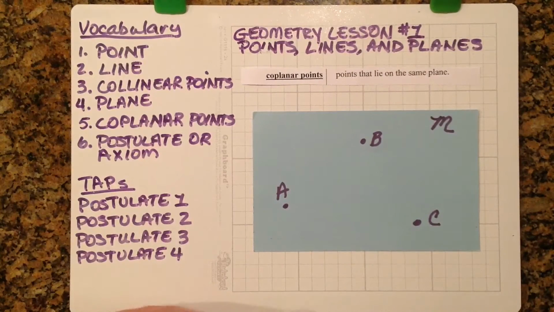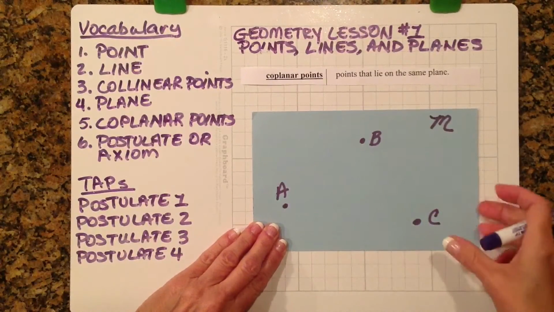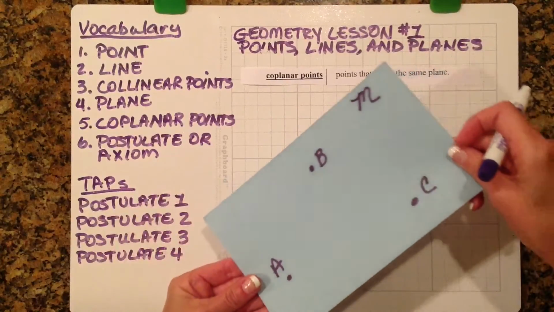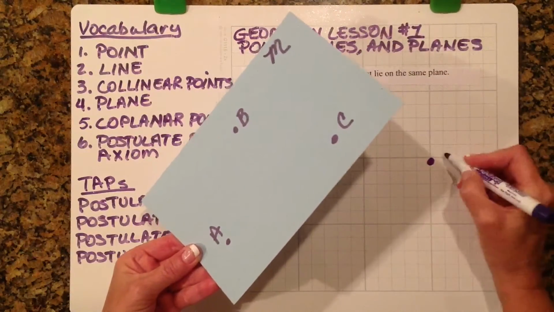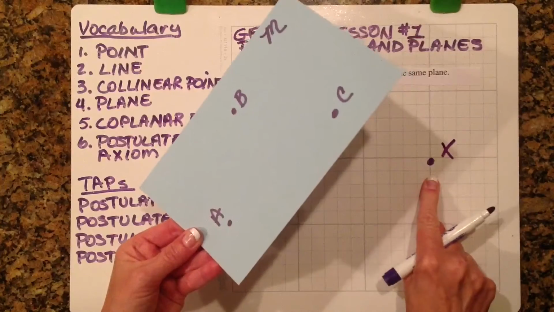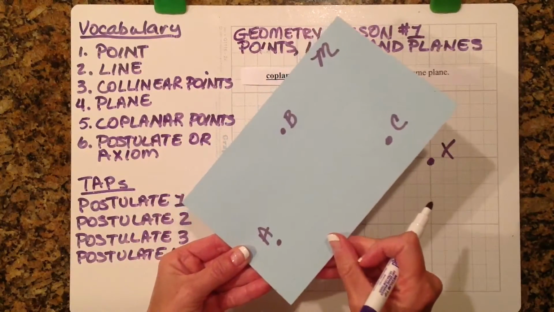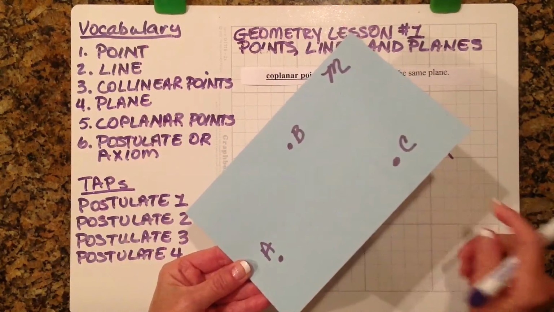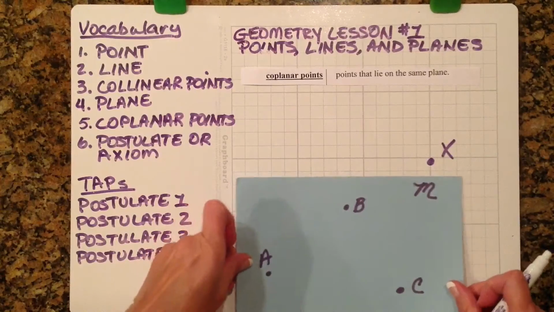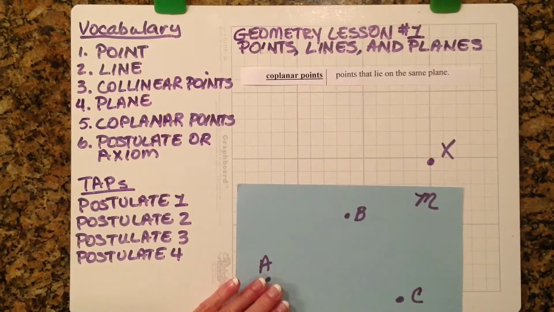So for example, I've got all these points, they're in the same plane. If I lifted this plane up and I drew point X over here, if you notice, it's not on the same sheet of paper as the other points. So that is non-coplanar there. So your coplanar points lie all on the same plane.